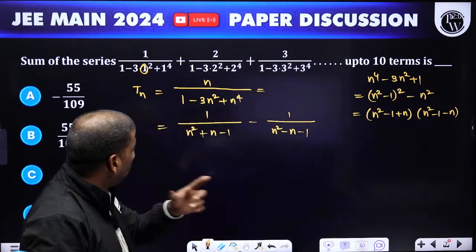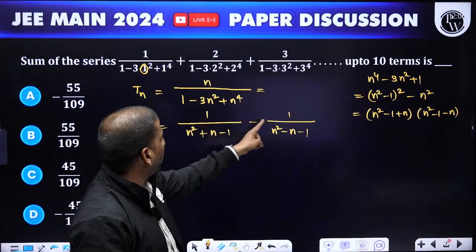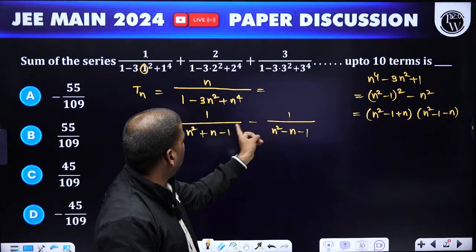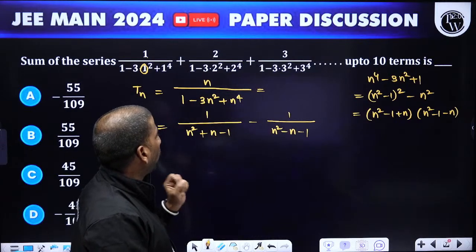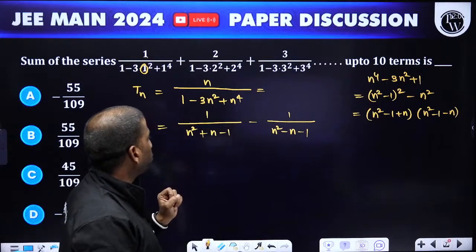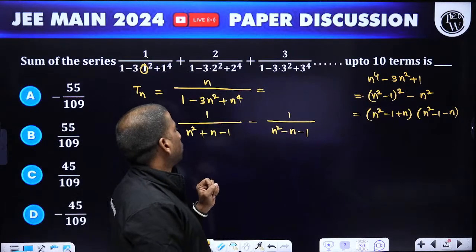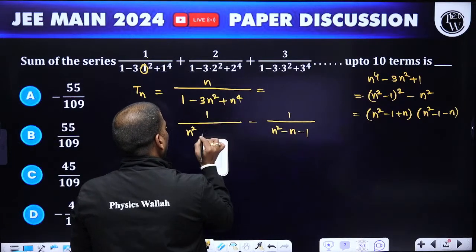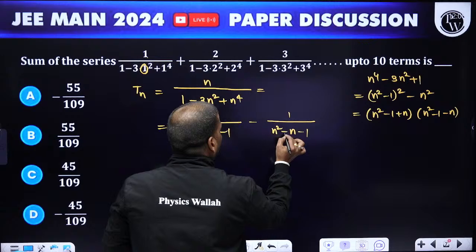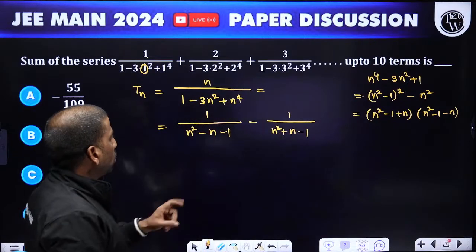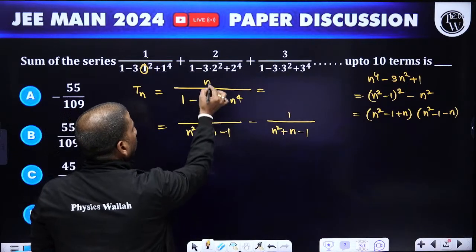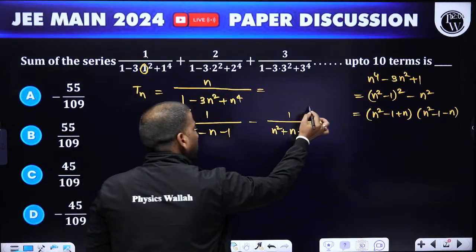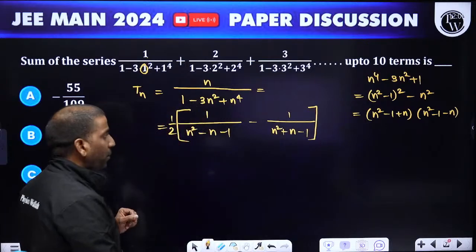When we write the numerators, n square will get cancelled. Here minus n, here also minus n. Then what do you get? Minus is before and plus is here, right? So then you got the 2n, but n is there, so I will write 1 by 2 outside.